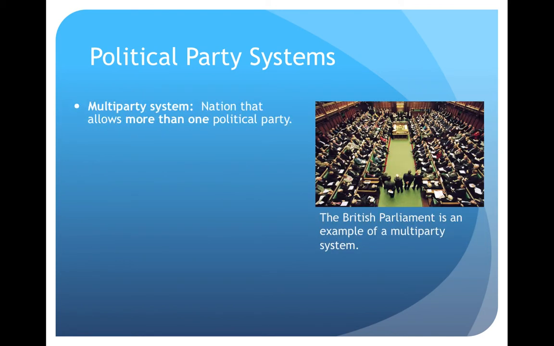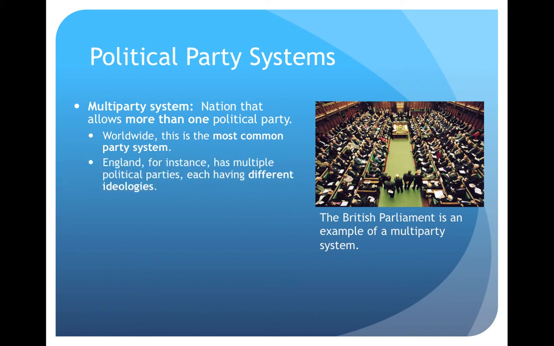In some countries, there is a multi-party system. This is a system in which the nation allows more than one political party. Worldwide, this is the most common party system. England, for instance, has multiple political parties, each having different ideologies.